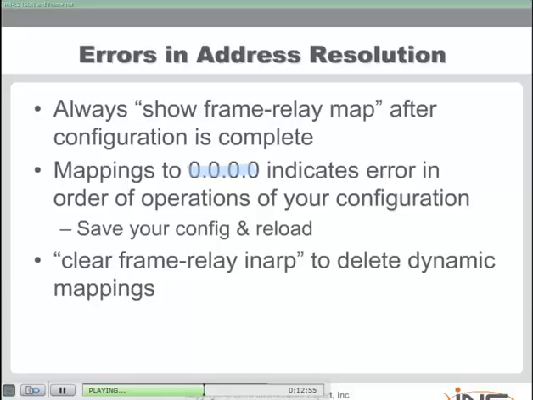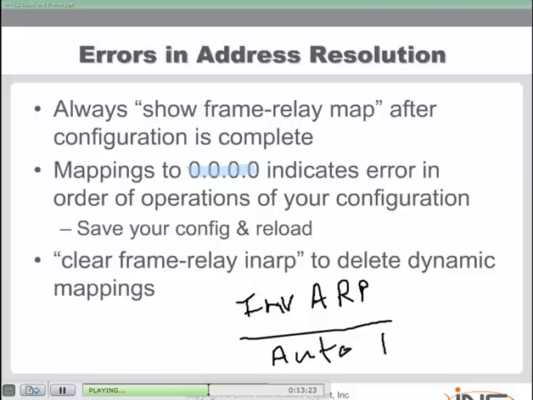These dynamic mappings to 0.0.0.0 happen because of a clash of two features. Inverse-ARP, firing up by default and running on the particular device, clashes with something called the Cisco auto install feature. And that is why these mappings to the all zeros IP address, which we know isn't valid, occur.